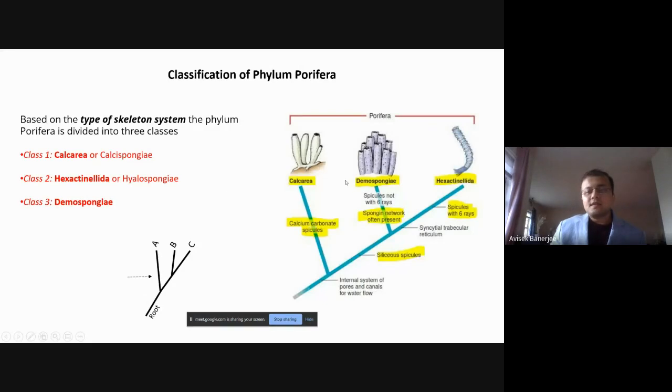During evolution, the poriferans having calcium carbonate spicules became Calcarea. Later the siliceous spicules developed. If the siliceous spicules are six-rayed, it becomes Hexactinellida. Hexa means six, so spicules with six rays. Demosponges also have siliceous spicules or spongin fibers, but they're never six-rayed. So very simply, there are three classes: Calcarea, Hexactinellida, and Demospongiae.